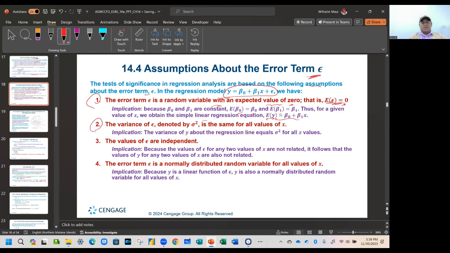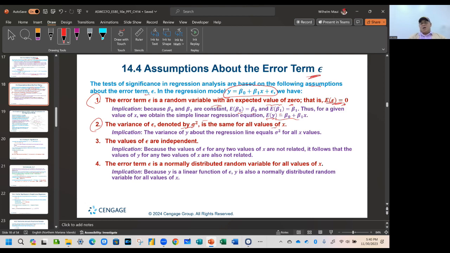Assumption 2 is the variance of E, the error term, denoted by sigma square, is the same for all values of x. So what we're saying is that your independent variable predicts the value of your y variable, and the difference between that predicted value and the estimated value is going to be random.